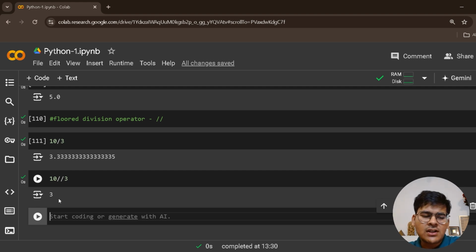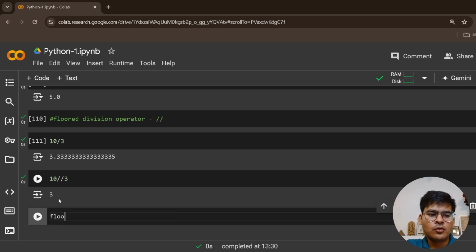We need to understand that floor division operator actually performs floor operation on the result. What is floor operation on the result? It will give you the floor value. Floor value means if you have 2.3, it will give you 2, the lower integer. So what is floor value? It is a commonly used term in programming.